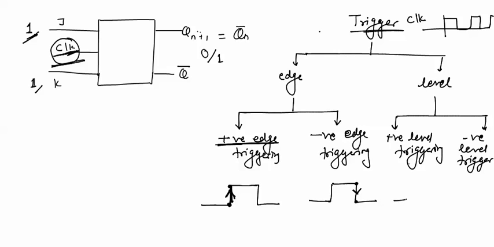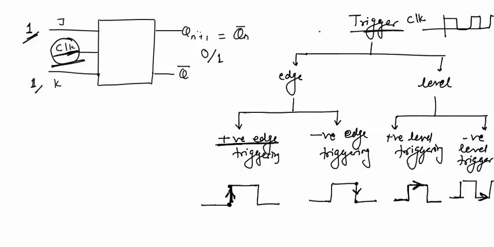If the flip-flop is designed for positive level triggering, then it will be triggered only if there is a positive level at the clock input. If it is designed for negative level triggering, then it will be triggered only for the negative level of the clock signal.